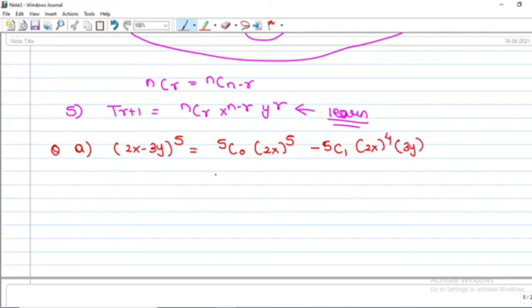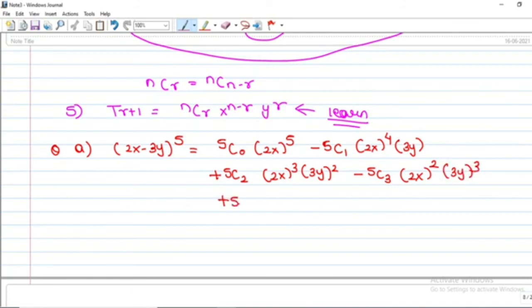At odd places, the negative sign will appear, at even places, the positive sign will be there. 5C2 will be there here, (2x) power 3, (3y) the whole square. Minus sign will appear because this is an odd position. 5C3, (2x) power 5 minus 3 is nothing but 2, and after this you will write here (3y) the whole cube. Now 4 is appearing, so positive sign, 5C4, and 2x will only be there because 5 minus 4 is 1.